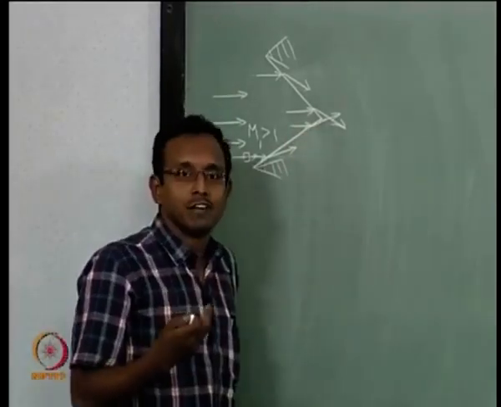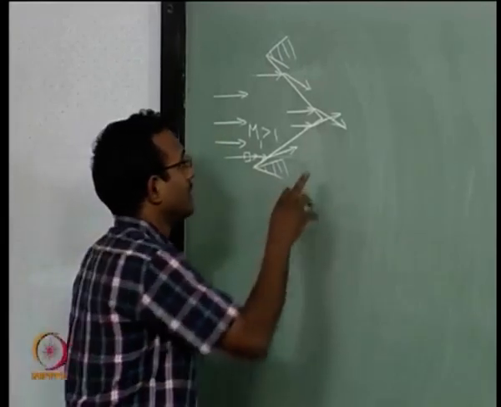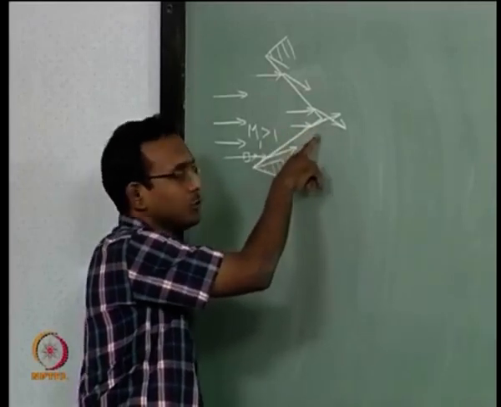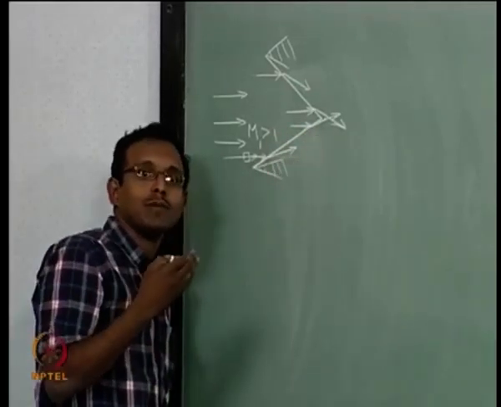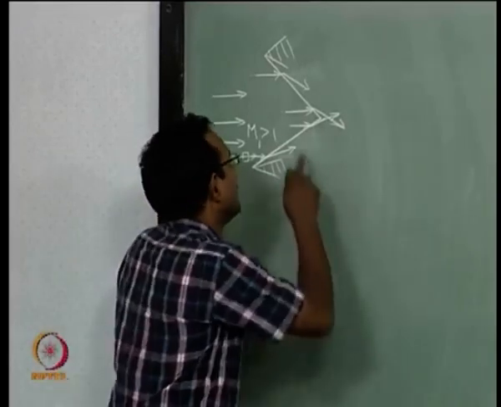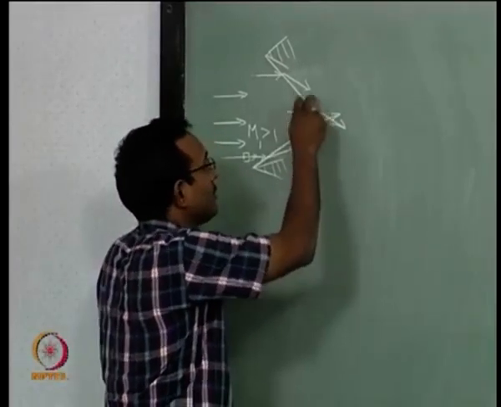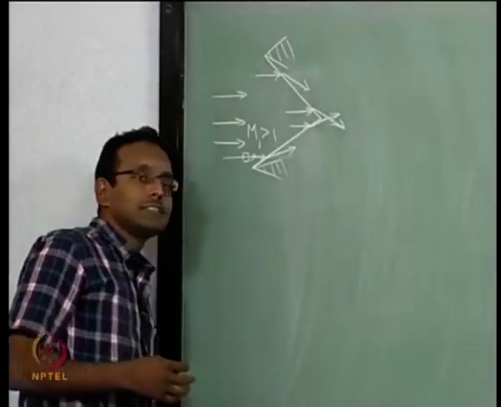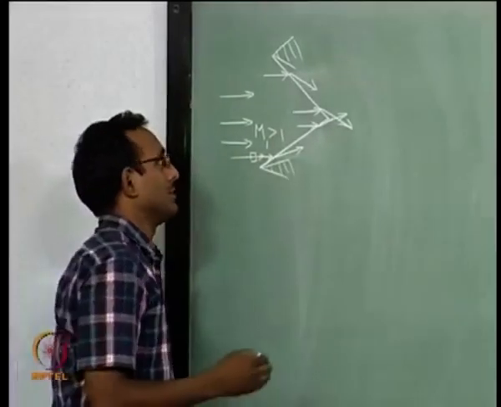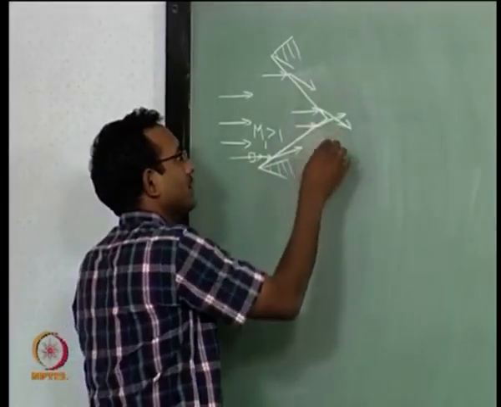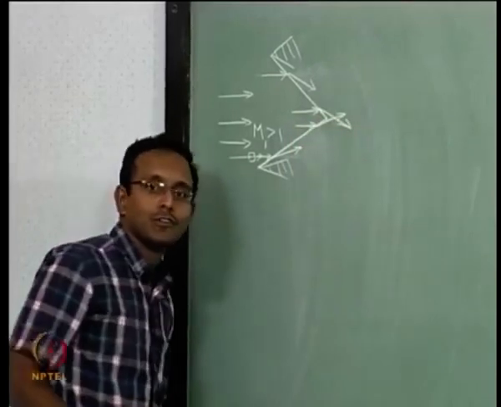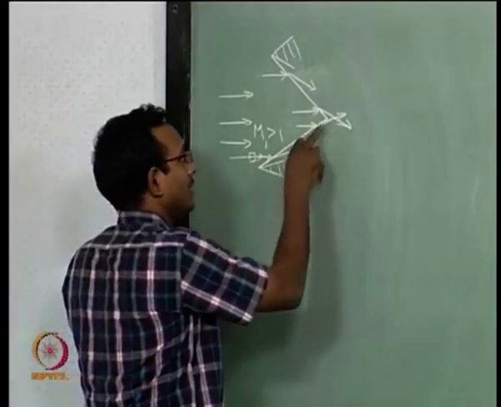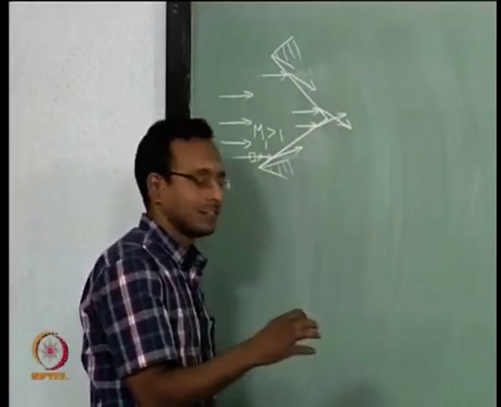Now we always think about this: it starts from supersonic, it ends with supersonic, we are still assuming it is all weak oblique shocks, so it is mostly supersonic behind it. So it is a supersonic flow coming here, another supersonic flow coming from the top, and they are colliding with each other. Since the streamlines cannot cross each other, each of these streamlines is going to feel the other streamline as a body, which means they cannot just cross each other like this.